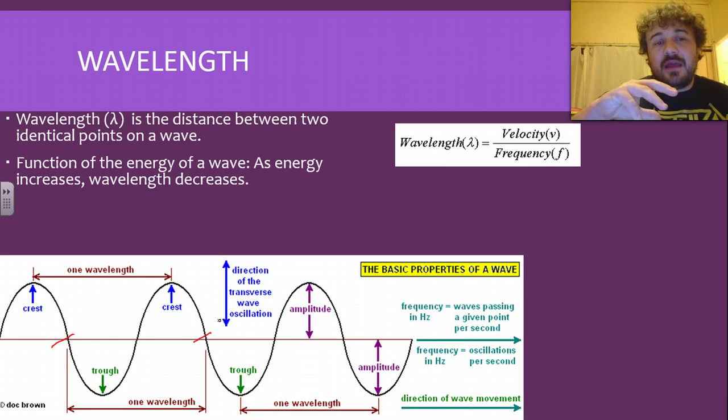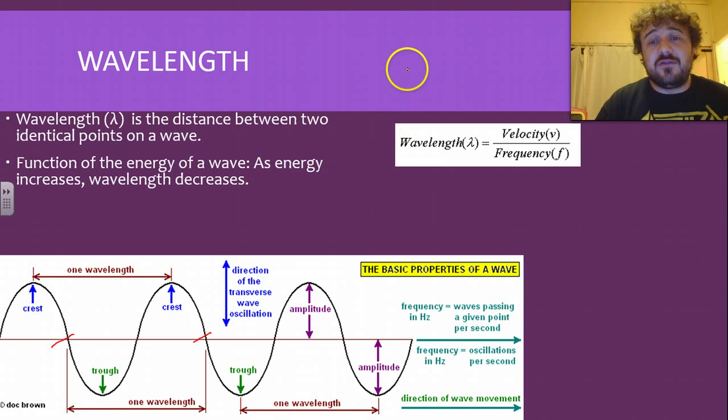As the energy increases, the wavelength decreases, and that's to do with Planck's equation, E equals h v over lambda.